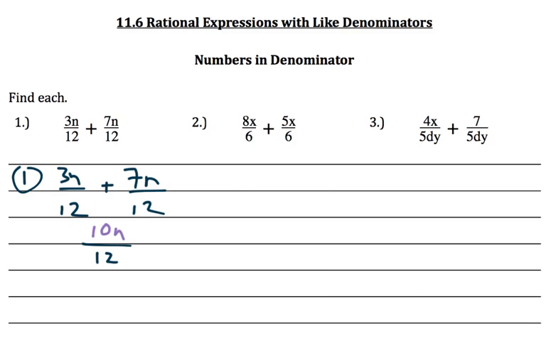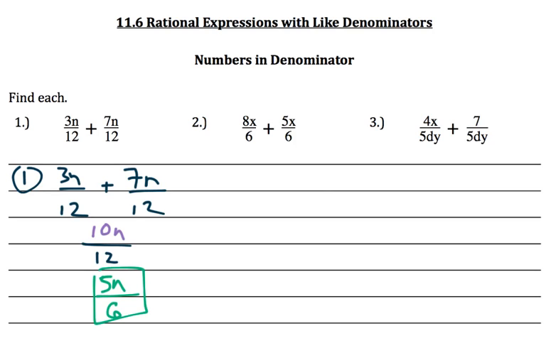But if that really would help you as an in-between step, you can show this there. I won't. 10n over 12 can simplify. Both 10 and 12 are divisible by 2, so I will write 5n over 6.